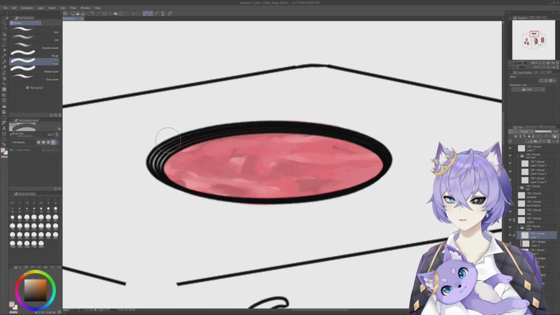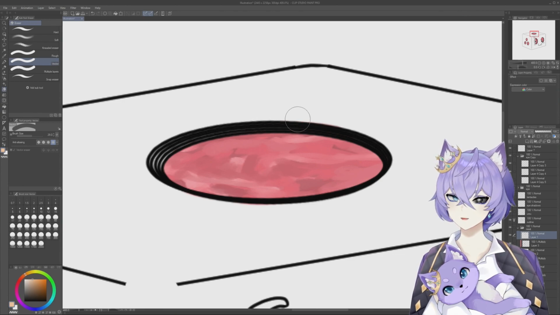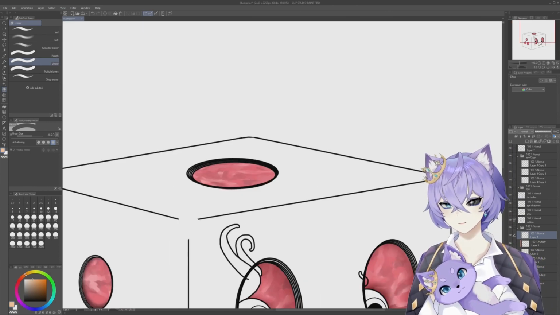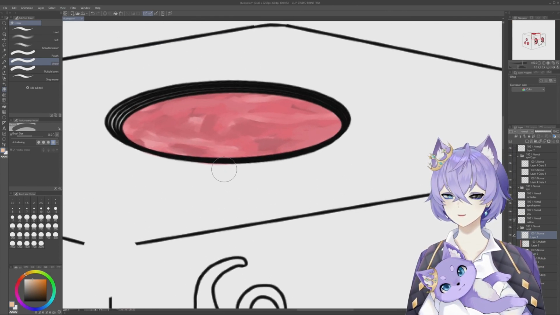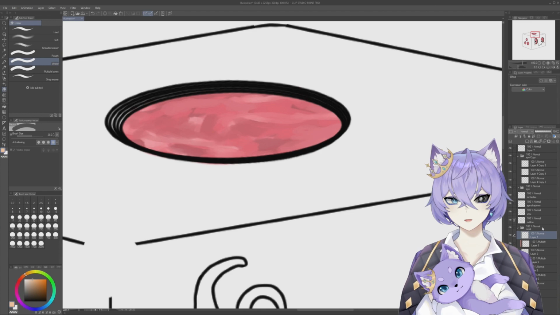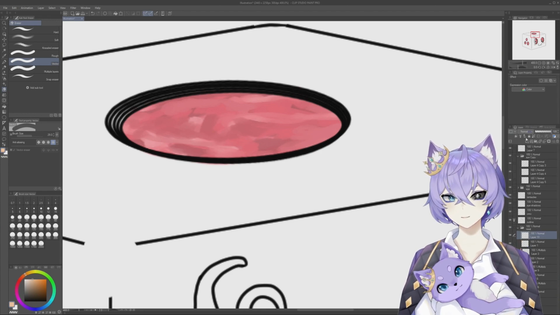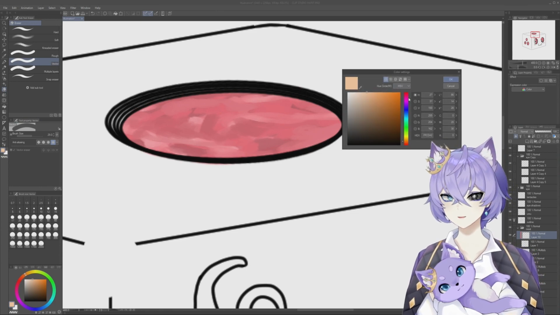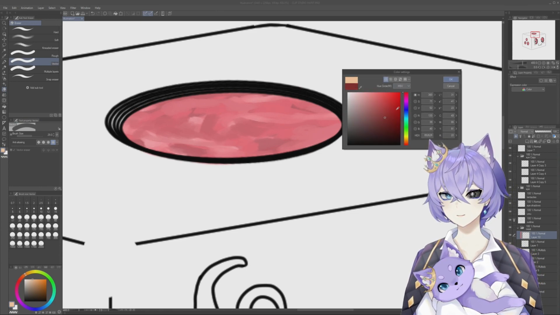Just go in, make sure everything's nice and neat. All right. And then to add depth to it, we add in shadows. So new raster layer. Get that dark red I was working with earlier.